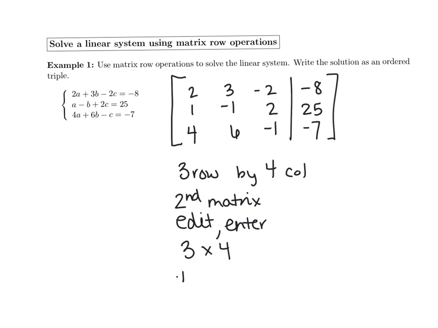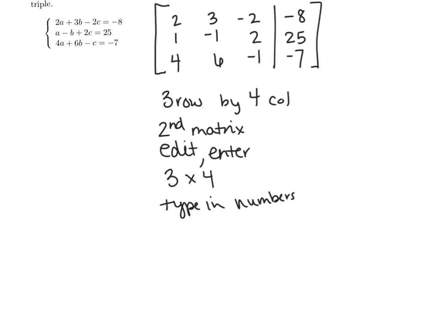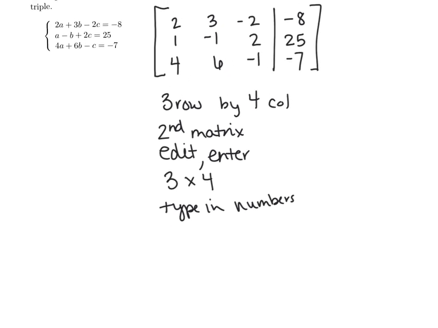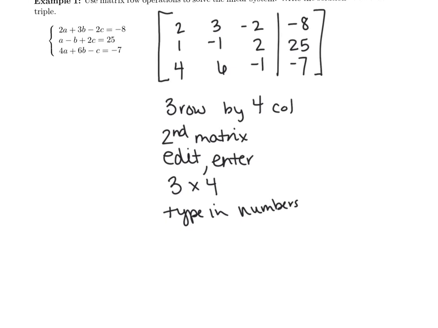Then you're going to type in your numbers. Okay, get them typed in. Go ahead and hit pause while you're getting them typed in. After you get them typed in, I want you to hit second and mode, which is your quit button, and get back to your home screen.